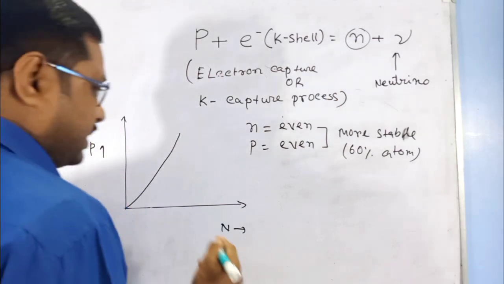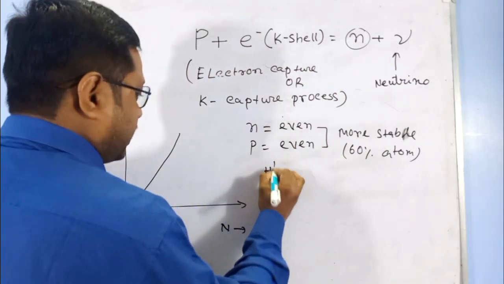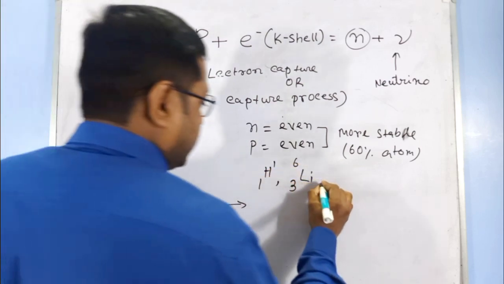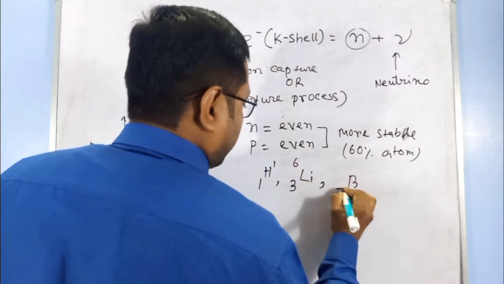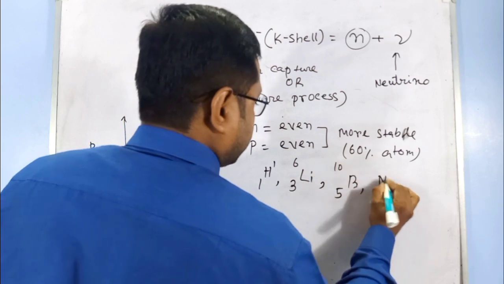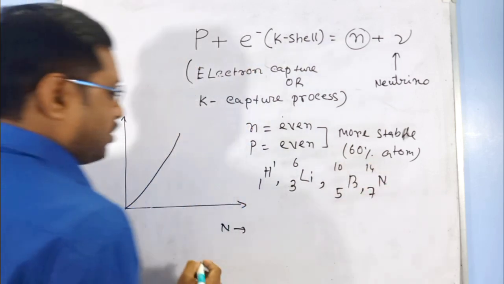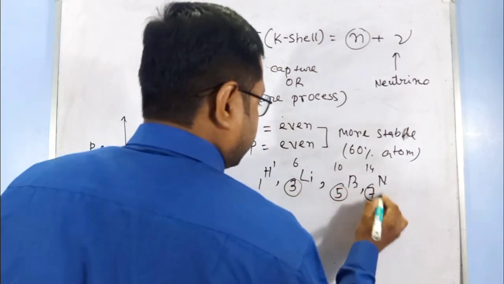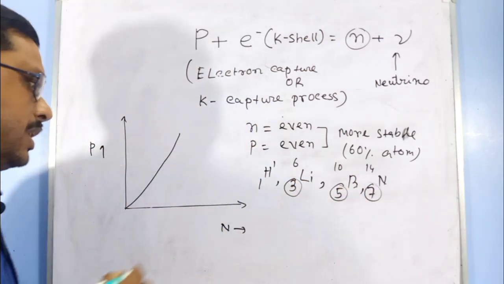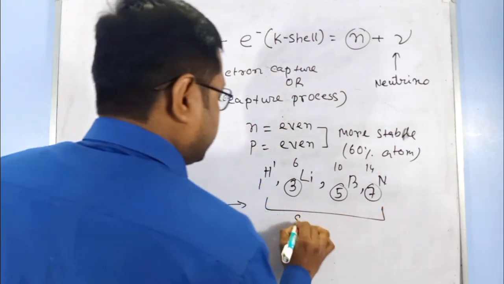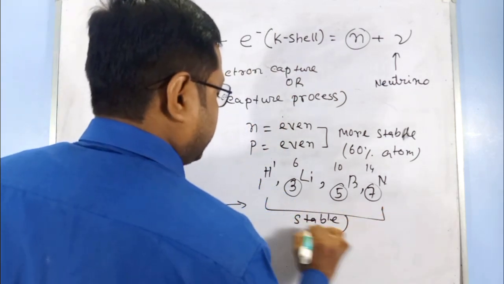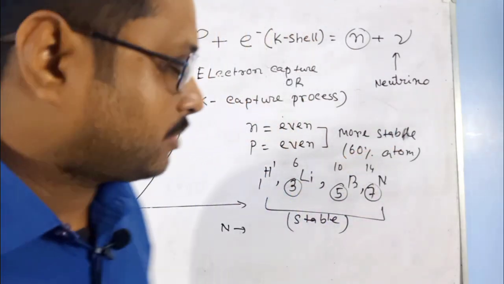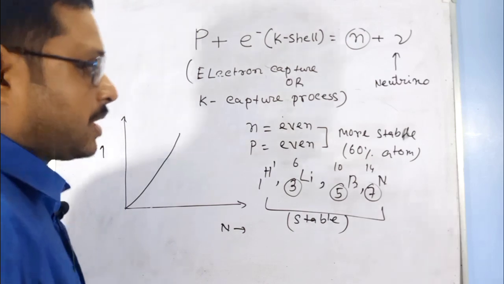There are some exceptions: 1H1, lithium, boron and nitrogen. These have odd Z values, that is, odd atomic number or proton number, but in spite of this they are stable. This is an exceptional case. Otherwise, in all other cases, when the proton number is odd or the neutron number is odd, it becomes unstable.